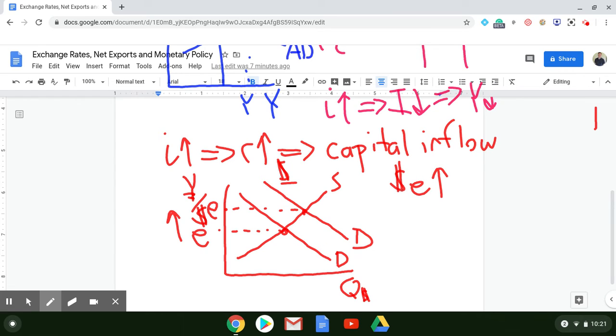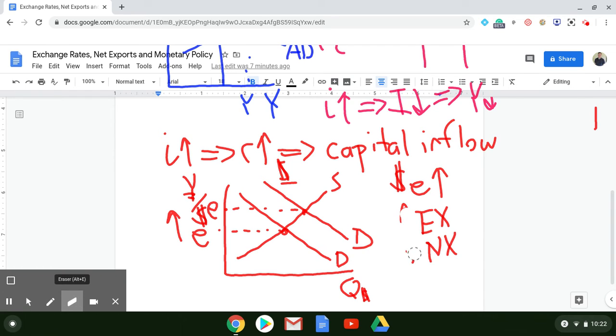Okay. The dollar appreciates, which makes goods and services in this country more expensive relative to other currencies. Exchange rate increases, so exports increase, net exports increase. No, excuse me, it's more expensive, so exports go down. Geez, I'm sorry.